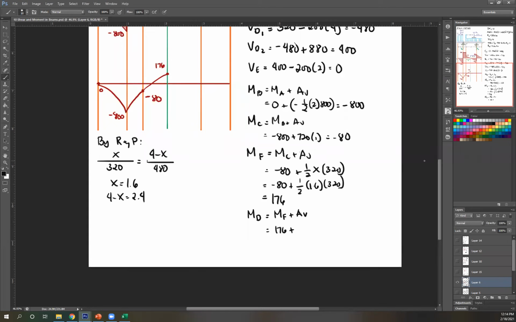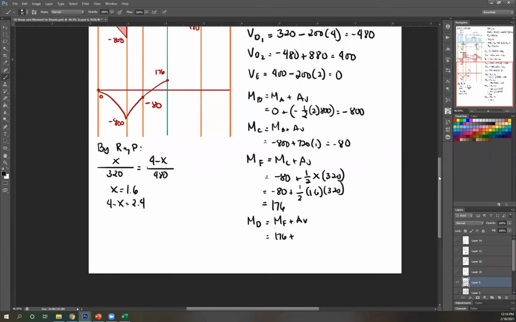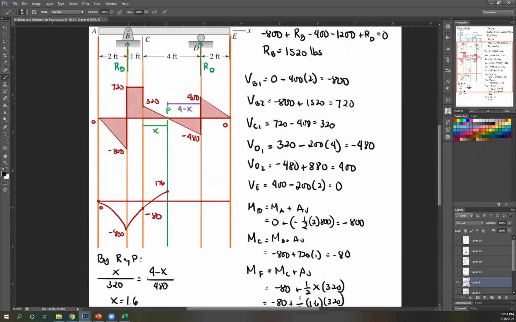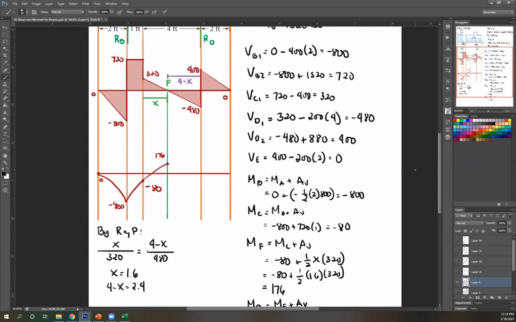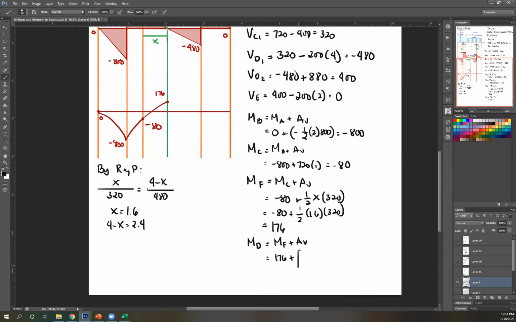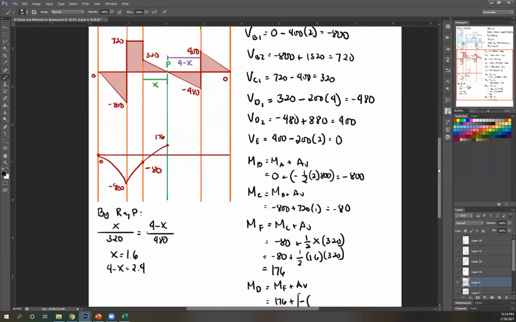Now, to make things easier, our equation is always moment plus area, right? If your area is below your shear diagram, that's a negative area. So for this area, which is negative, 176 plus negative area.